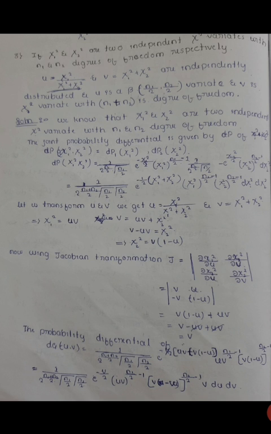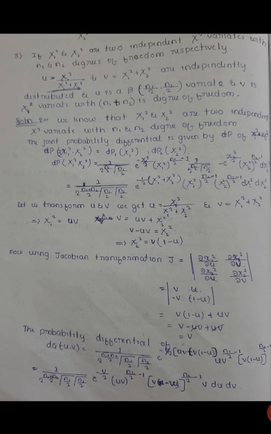With respect to φ, that is u. Next, χ2² = φ(1 - u). Differentiating with respect to u, that is -φ. With respect to φ, that is 1 - u.